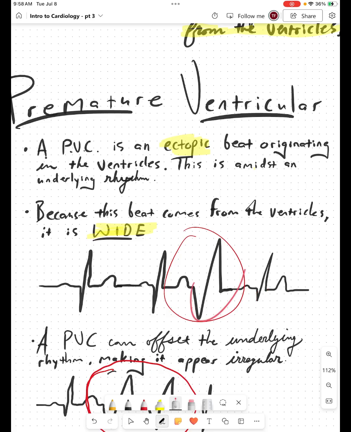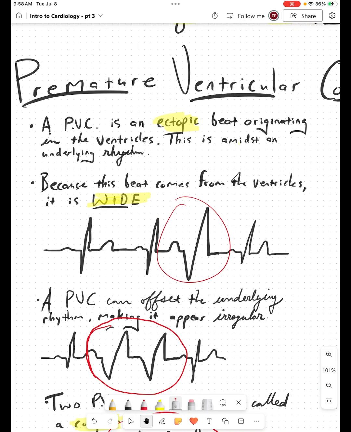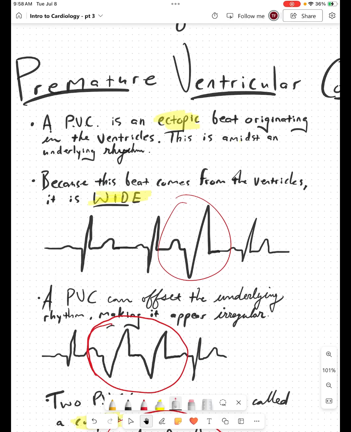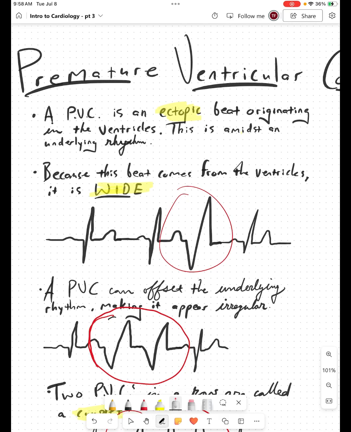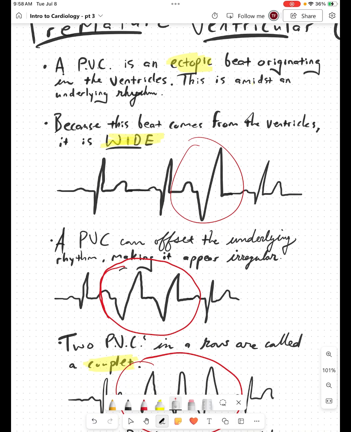That is considered wide, and we know that because it is wide, it is originating somewhere in the ventricles, and it is amidst an underlying rhythm. A PVC can offset the underlying rhythm, making it appear irregular, just so you are aware. It might throw off that cadence, and so the underlying rhythm becomes kind of reset or lost in that large QRS complex, making it appear irregular. So something to keep in mind.